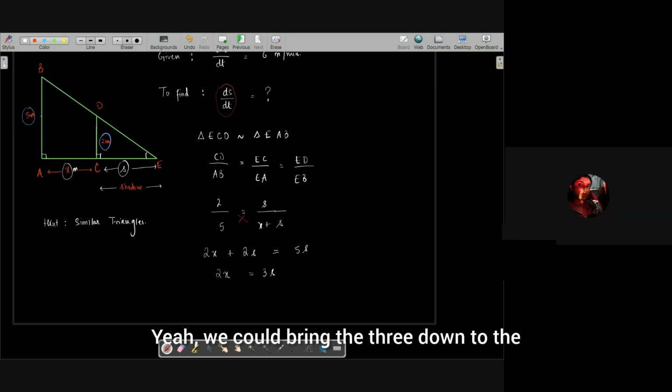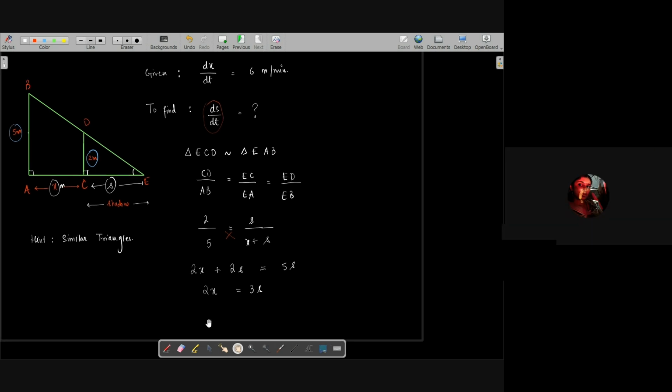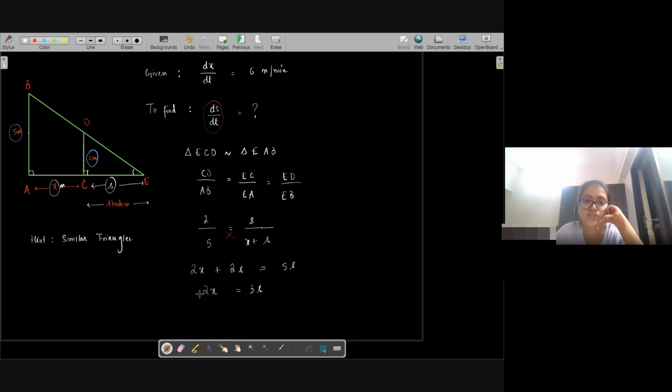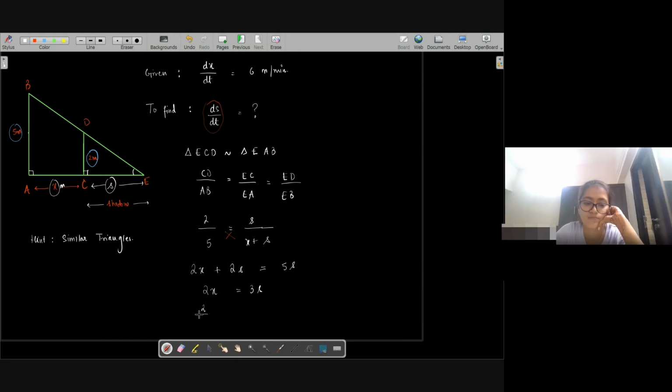We could bring the 3 down to the other side before doing that too, right? Yes, you can do that. So then it would be in terms of dt, right? Yes, with respect to t.